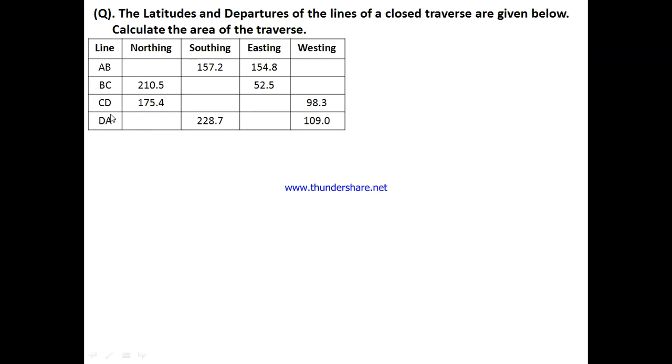Okay. So now let us solve this particular numerical with the help of the coordinate method. Here the latitude and departure of the lines of a closed traverse are given below, and we need to determine the area of the traverse.